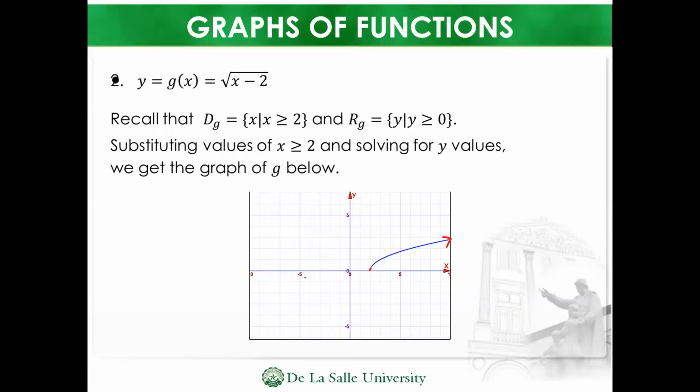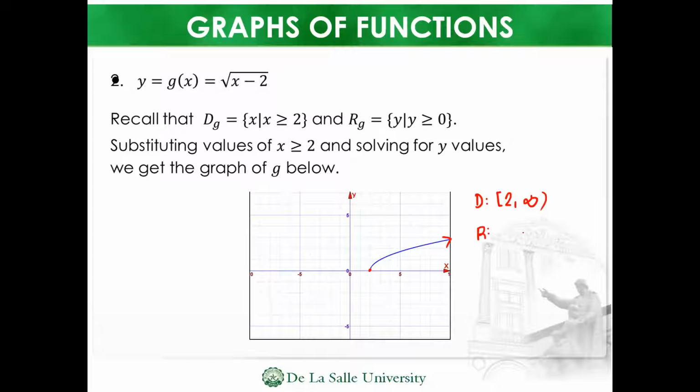So I can safely say here that the domain for this one starts from 2 onwards and included yung value ng 2. It includes 2, right? Whereas for the range, where does it start? Do you have any graphs below or does it just start on the x-axis, guys? Starts on the x-axis.